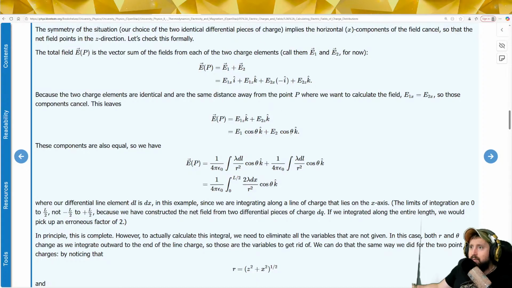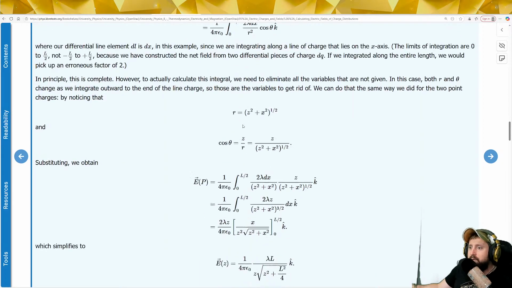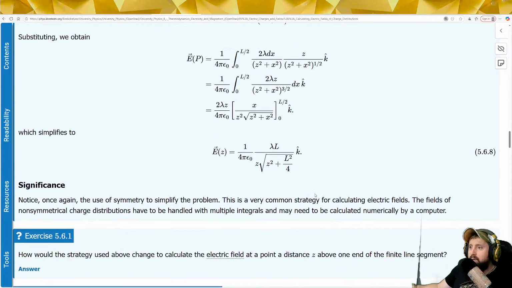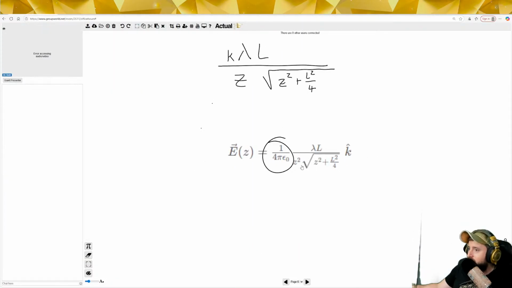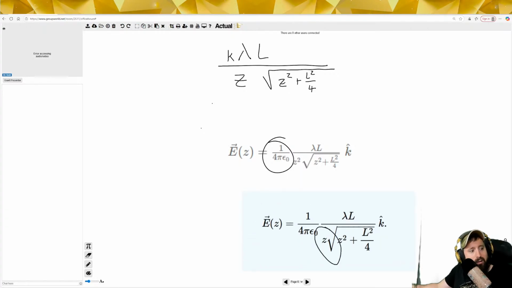Yeah, you're right, Aleph. They do it with theta. No, actually, they do it with L over 2. Yeah, bingo. Look at this. That's the correct answer. This answer's wrong. Ha ha ha. Okay, I'm gonna fix this. And then I will go do all the other questions. Sorry. Where was it? 1 over 4 pi epsilon naught.